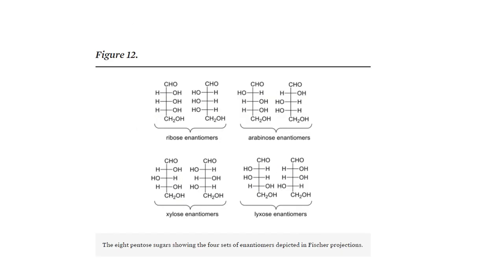Now, this is a topic which has interested chemists. If we simply restrict ourselves to the 5-carbon sugars, although there's no particular reason to do that, it is interesting that even then there would have been a very early choice that had to be made between the 8 pentose sugars that you see here on the slide.